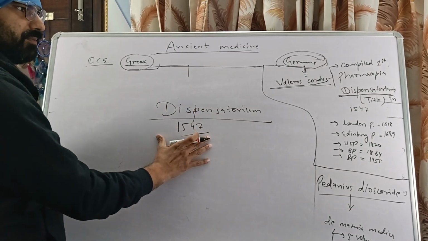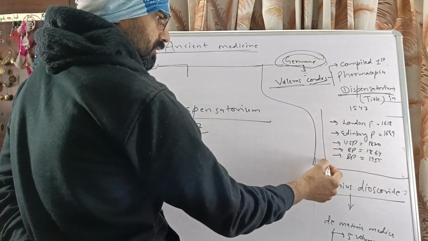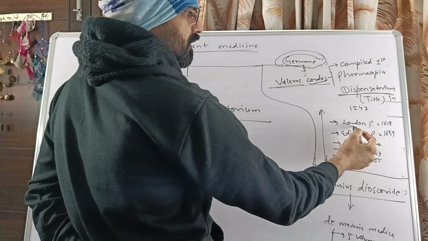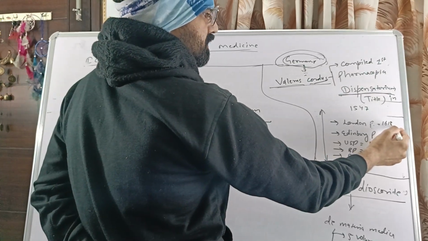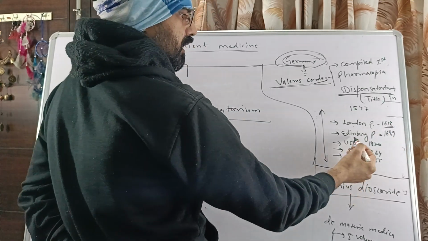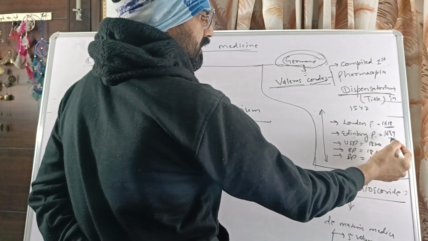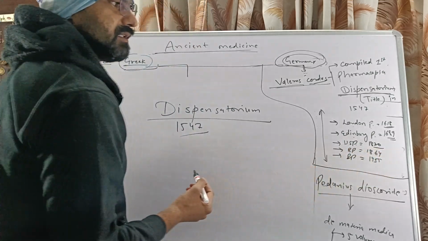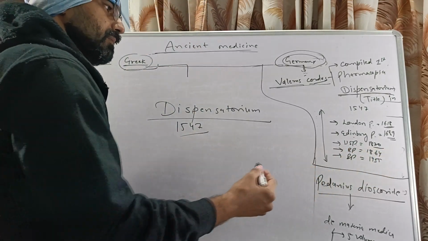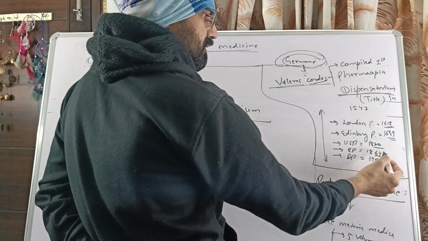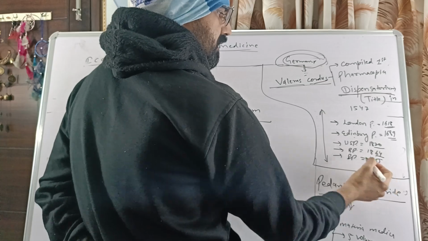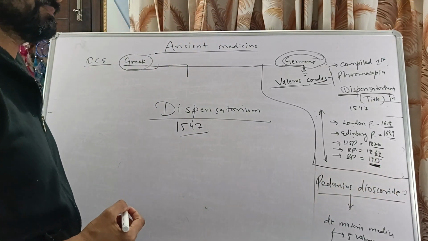After this pharmacopoeia, a number of pharmacopoeias were published. For example, the London Pharmacopoeia in 1618, the Edinburgh Pharmacopoeia in 1689, the United States Pharmacopoeia first published in 1820, the British Pharmacopoeia in 1864, and the Indian Pharmacopoeia first edition in 1955.